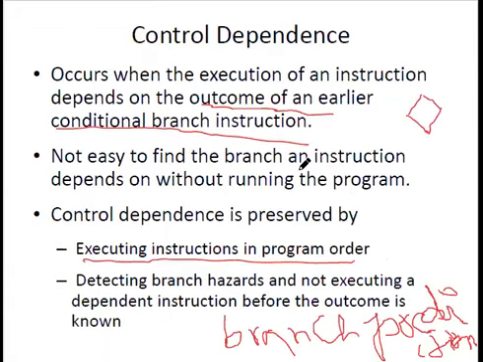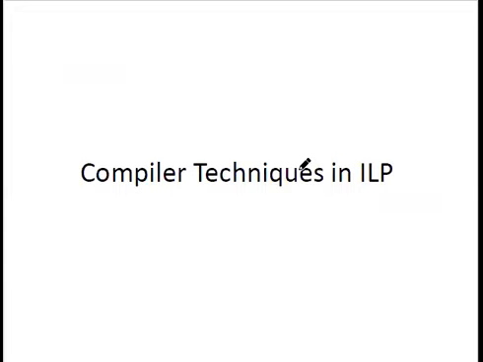This is control dependency. In the next lecture we will discuss the compiler techniques of ILP, how these dependencies are rectified or handled.